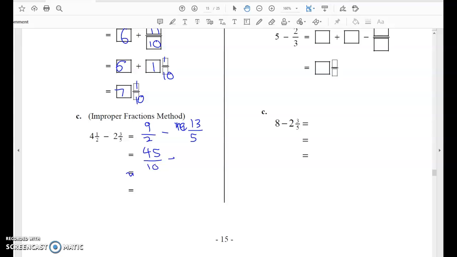And the second one is going to be doubling the top and the bottom, 26/10. I now subtract them, so I get 45 minus 26 over 10, which gives me 19 out of 10, which is 1 and 9 out of 10.